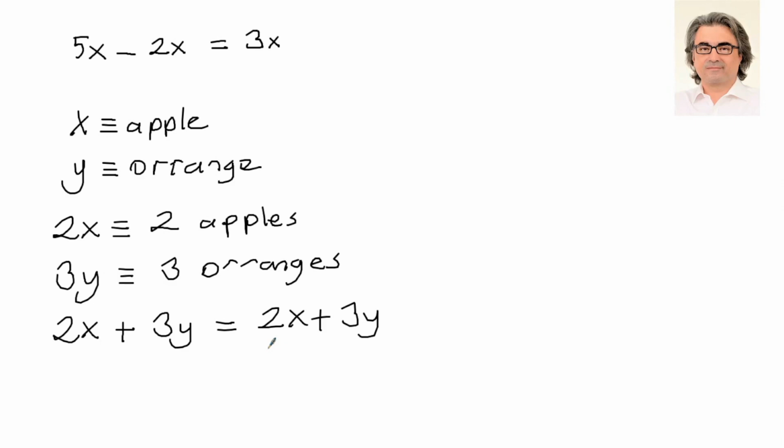So you cannot make an addition operation between x and y because they are unlike terms. They are unlike terms. So after these nice examples, you understood very well the meaning of like and unlike terms in algebraic expressions.